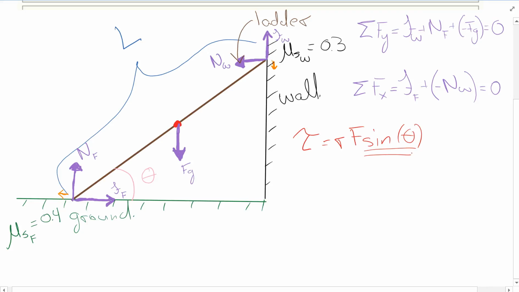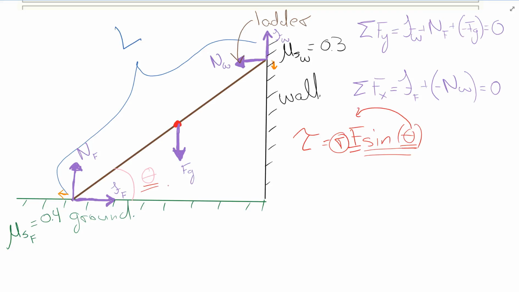Now, the angle piece doesn't have to be that theta. If we remember, this theta connects our lever arm R with our force F. It's the angle between those two. But if we're clever and we draw our lever arms and we pick a good axis point, we can, using geometry, find expressions for this theta that's in our equation for torque and turn it into this theta, which is what we want to find, the angle, the minimum angle.